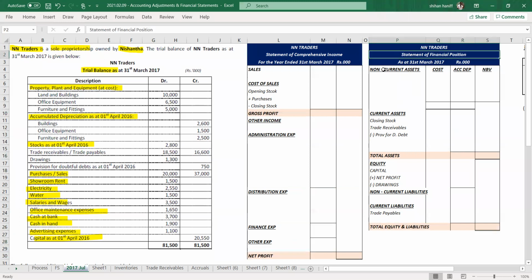In the statement of financial position, we have non-current assets, current assets, equals total assets. Then equity, capital plus net profit minus drawings, non-current liabilities, current liabilities, and total equity and liabilities. Your final answer, total assets should be equal to total equity and liabilities.